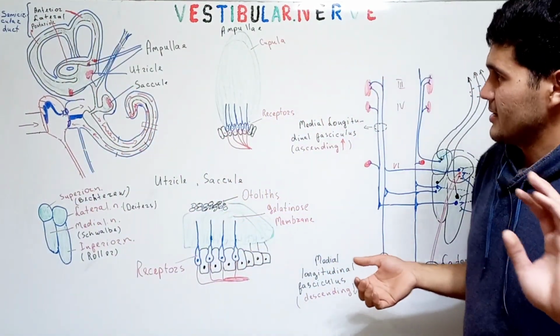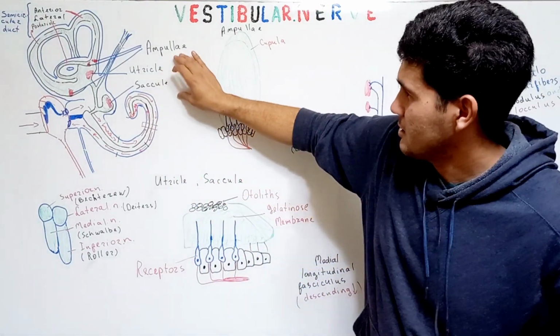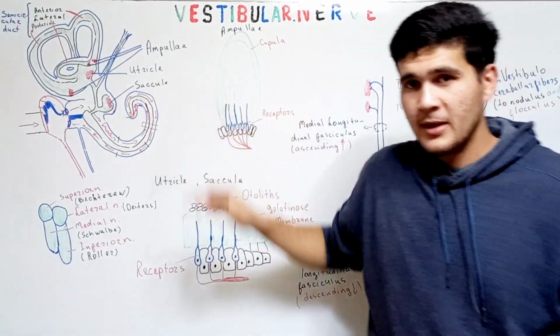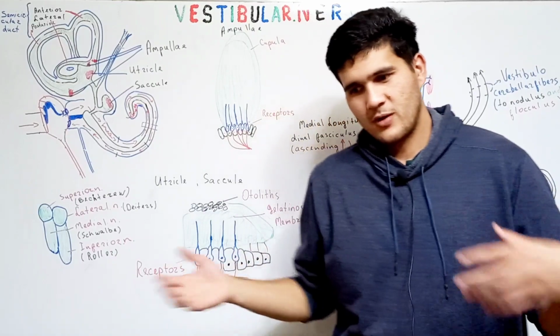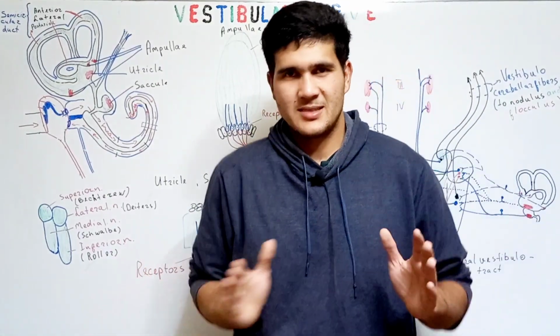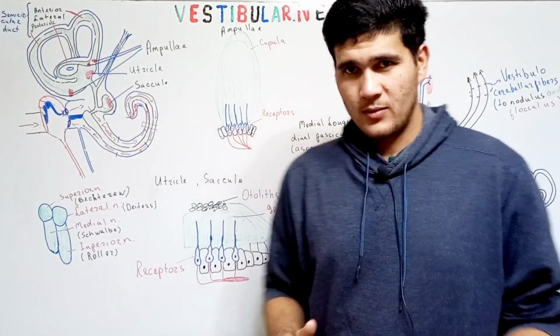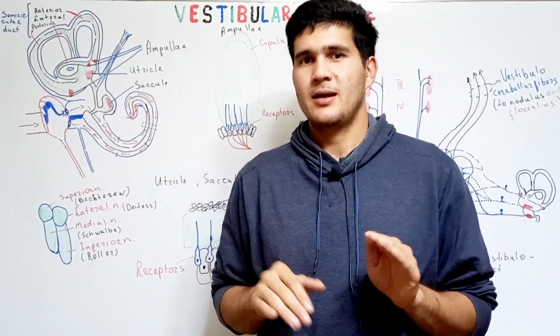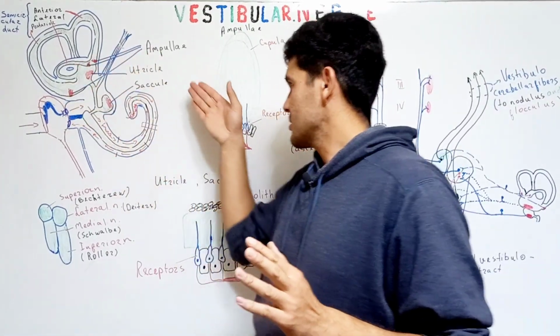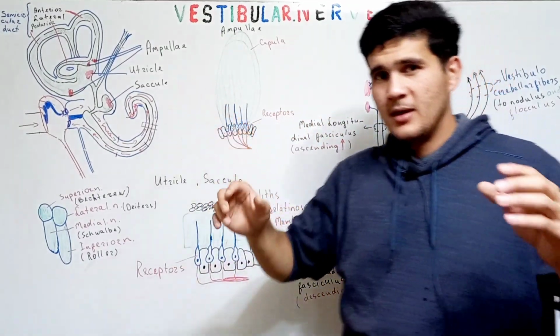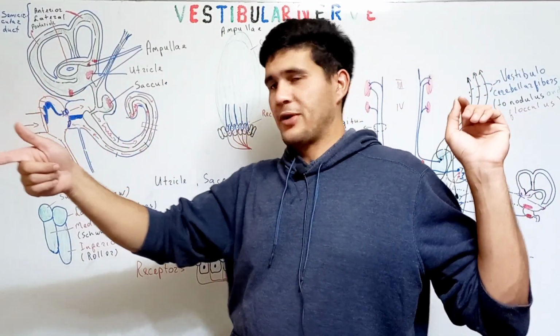Now, the next structures are the utricle and saccule. Their main function is providing information about the static position of the body, okay? When we are standing and sitting, the utricle and saccule send information to the brain, okay?